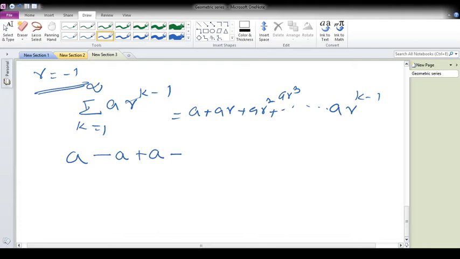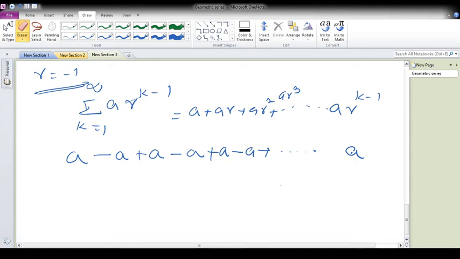So the ending is a if k is even, and minus a if k is odd. So it depends on n, whether n is even. I will explain once more. We can take n equal to 5.